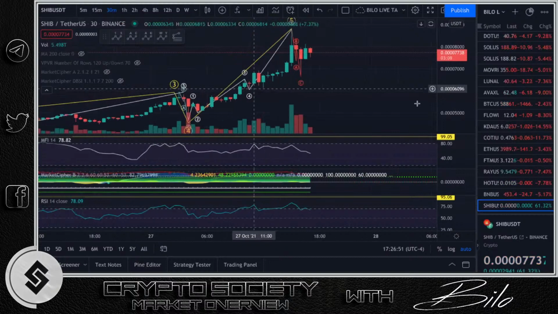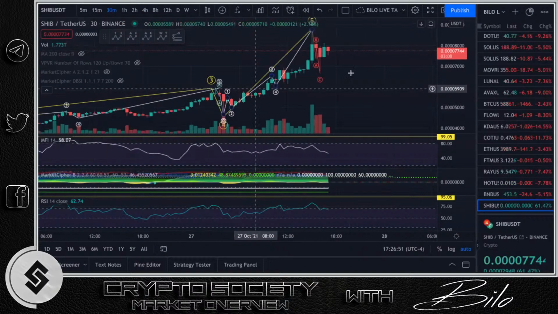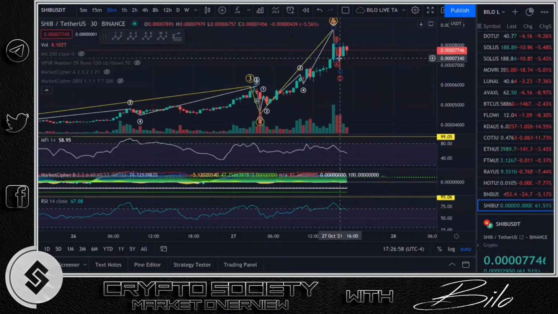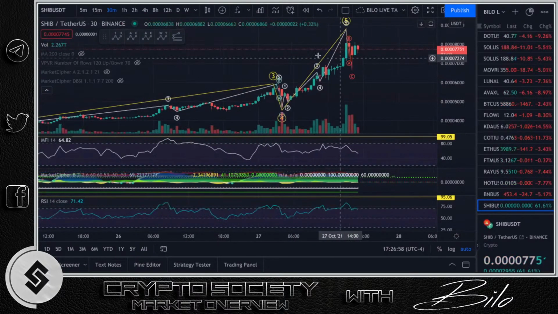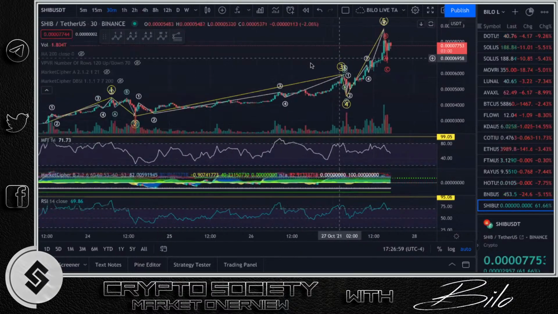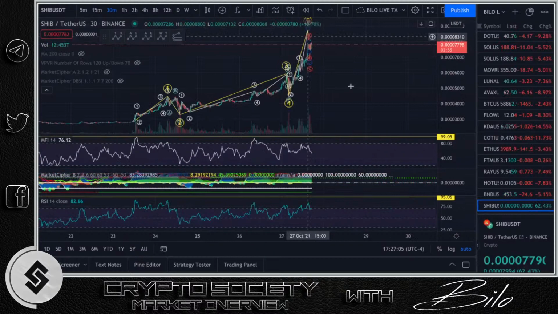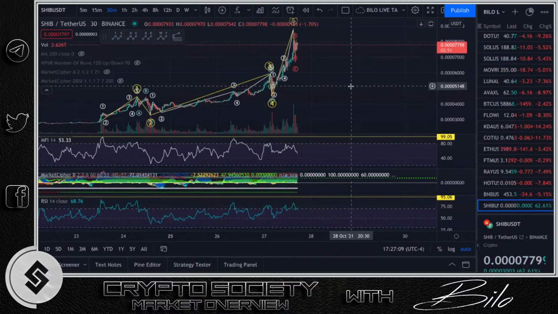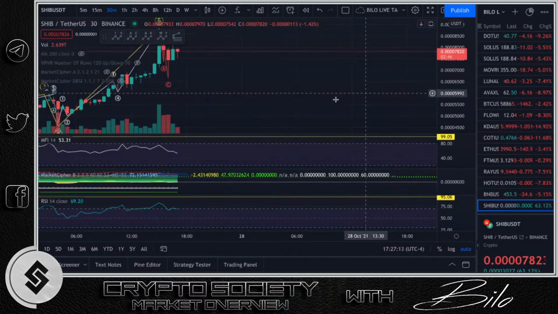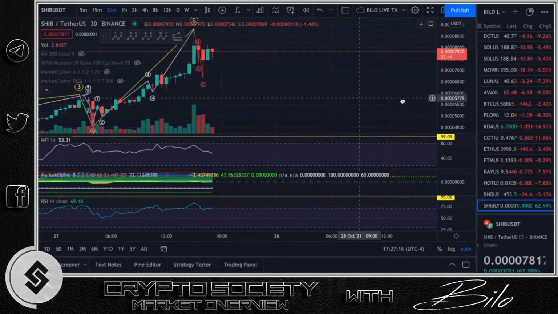So yeah, shit happens. So this is my wave count for SHIB, and according to my wave count, we finished wave 5. We've actually corrected, and we should be continuing on up. Yeah, it should be continuing up.